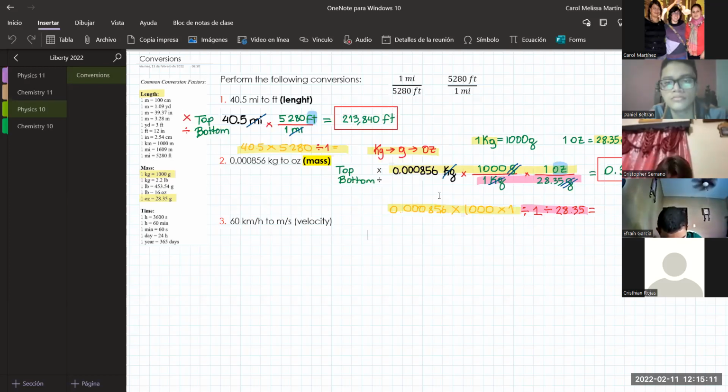Just put the units that you need to get rid of in opposite sides so they can be canceled out. From this second exercise, do you have a doubt? Do you want to try one by your own of this kind?